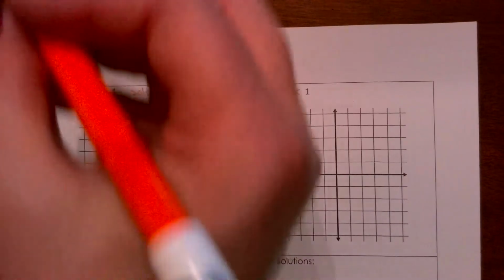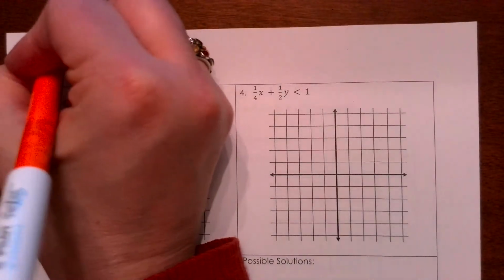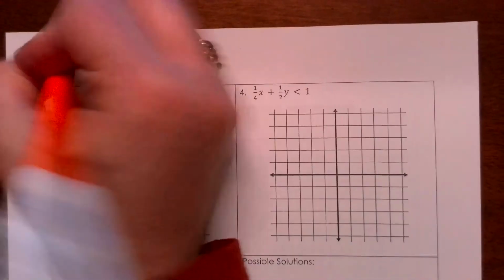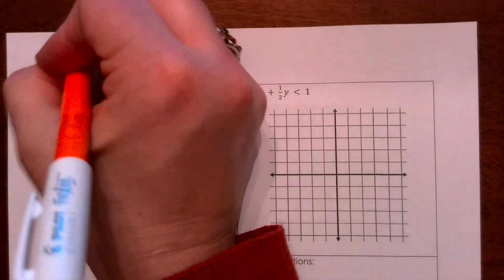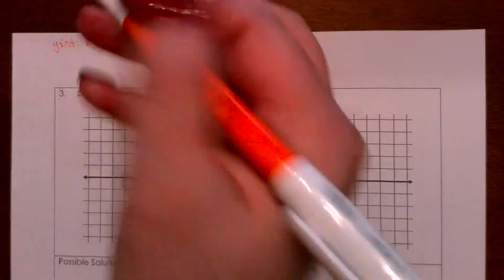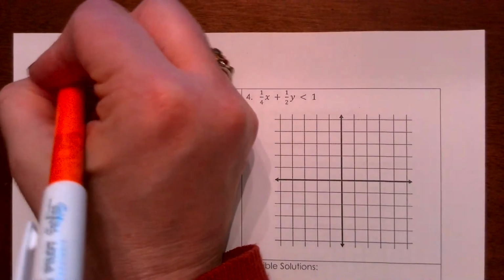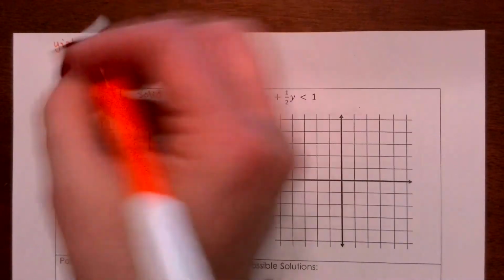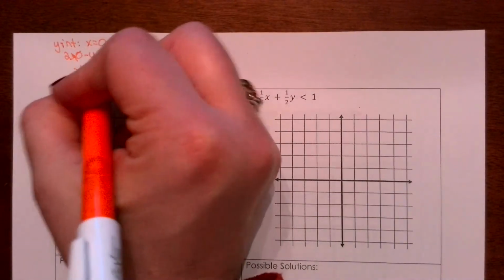Let's find my x and y intercept. The y-intercept is the value of y when x equals 0. So if x equals 0, I have 2 times 0 minus y equals 4, negative y equals 4.